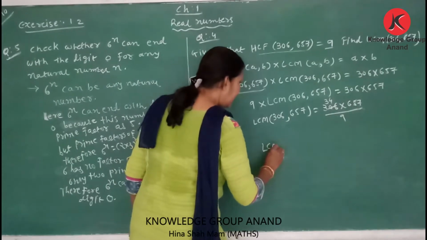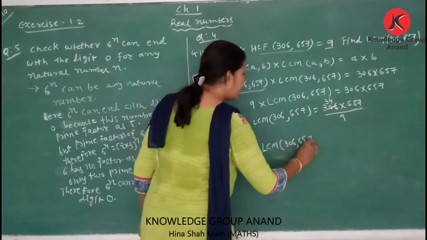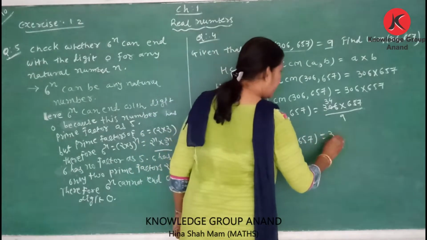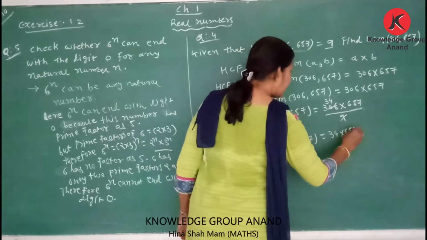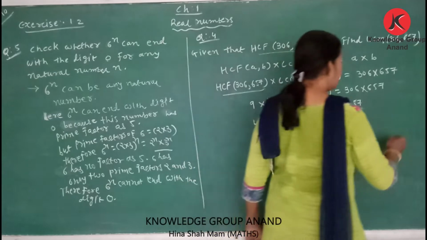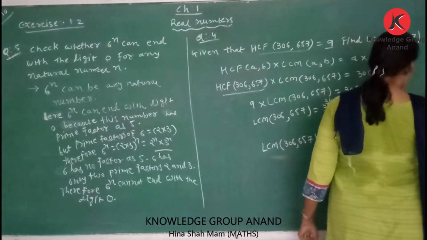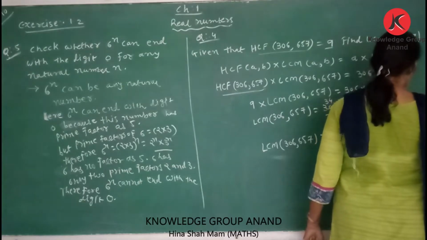Therefore, LCM of 306 and 657 is equal to 34 multiplied by 657. Here I calculate 34 into 657 into 35. It is my rough work.